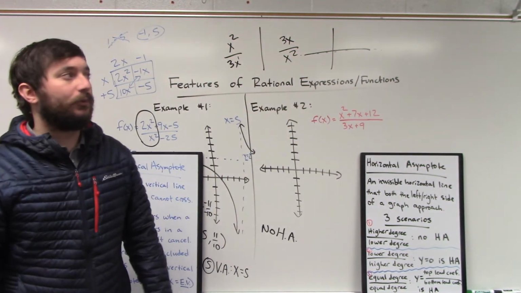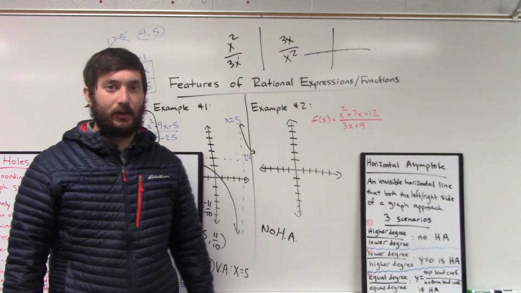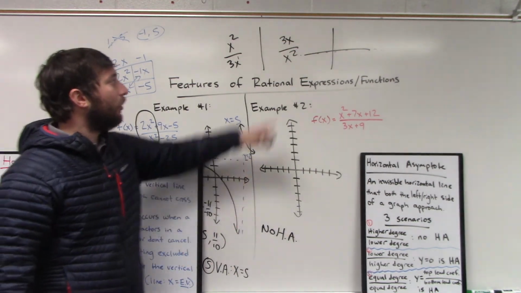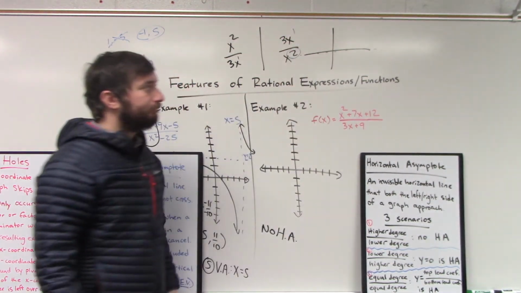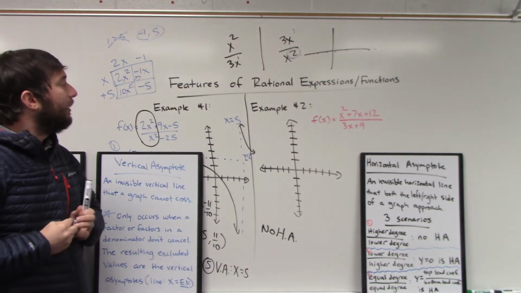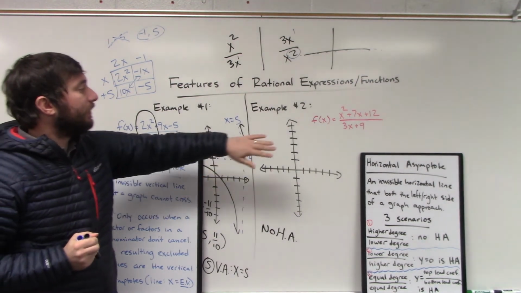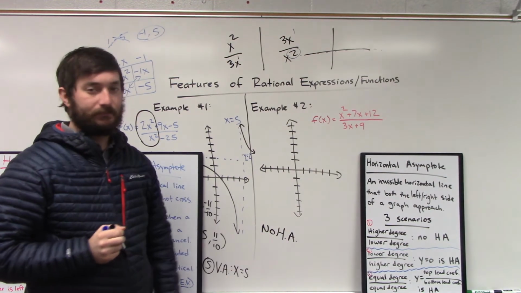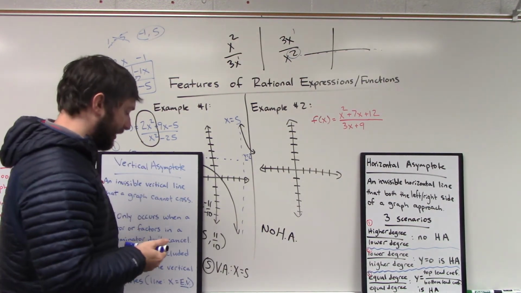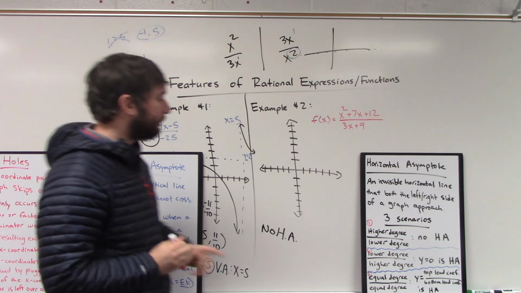The graph will flatten out towards 0, left and right, only if the degree on bottom is larger than the top. So just wanted to mention that. But in this case, clearly the top is larger than the bottom instead. No horizontal asymptote.